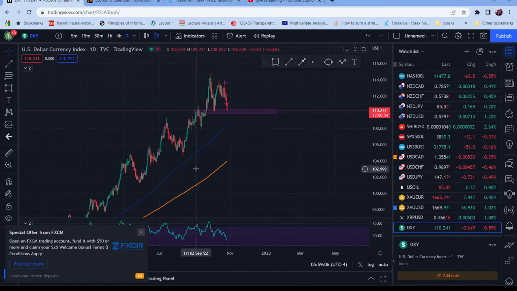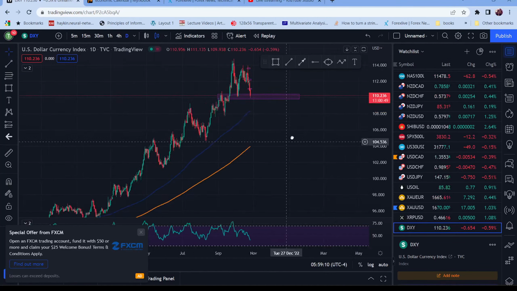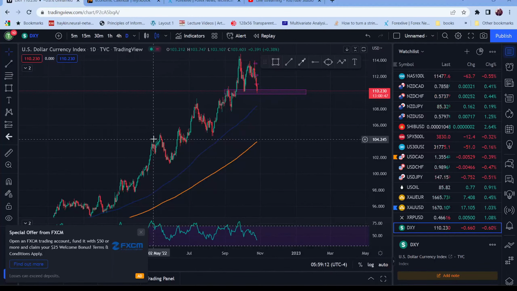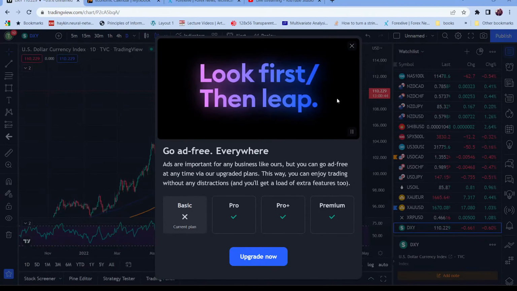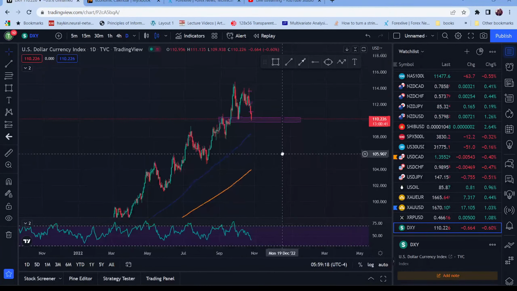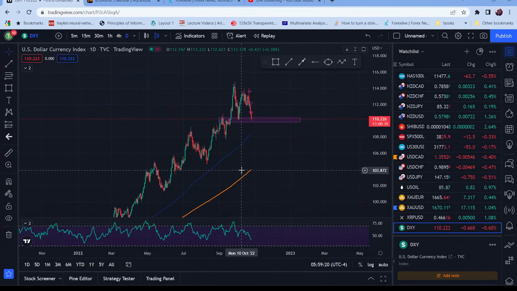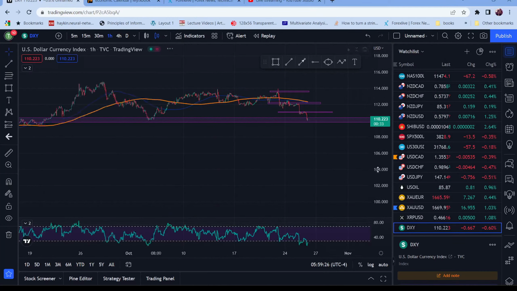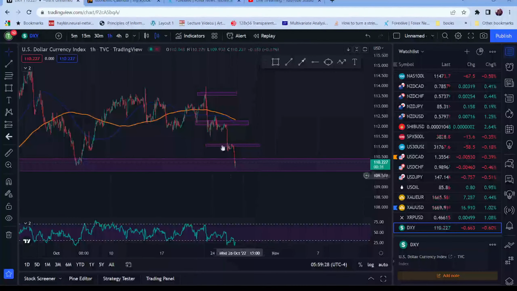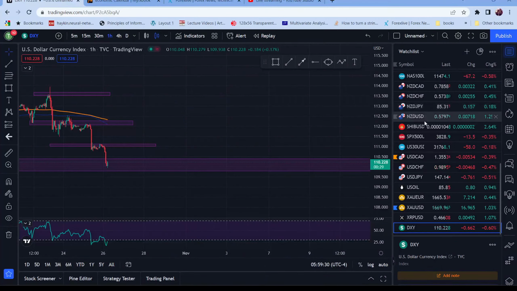The DXY has been trending upwards overall for the past couple of months, right? So with that being said, I do think that overall we could see that continuation happening, right? So I'm not going to look to sell the US dollar or anything like that. I'll just look for opportunities to continue to go long with the dollar, right?